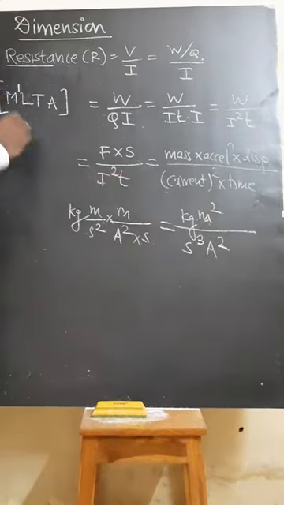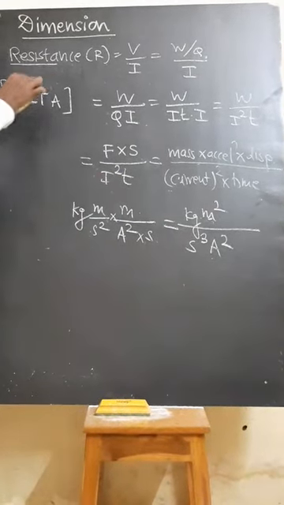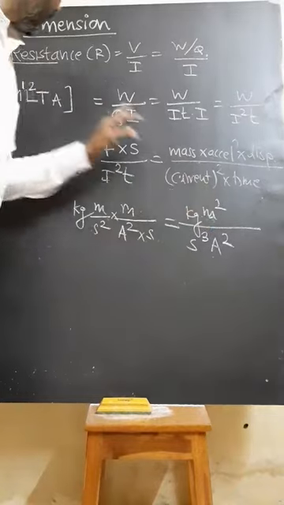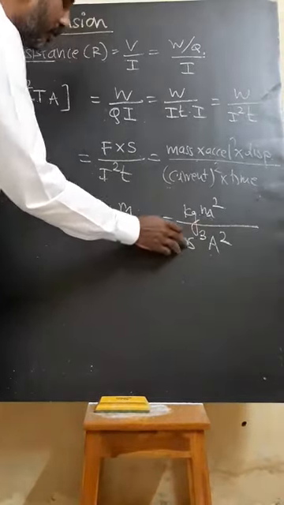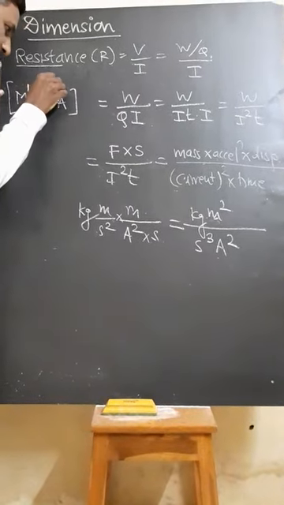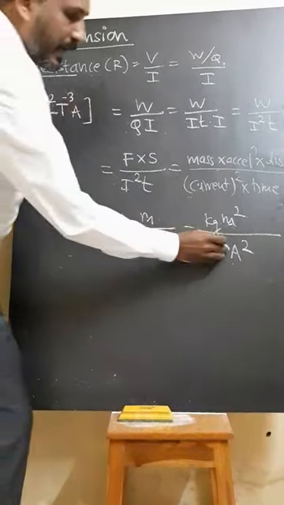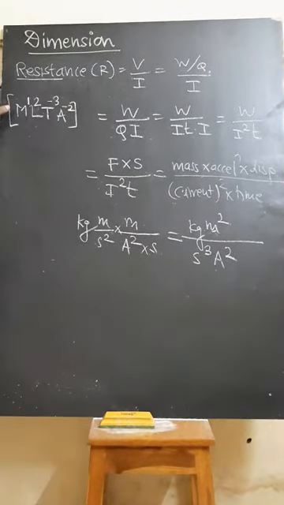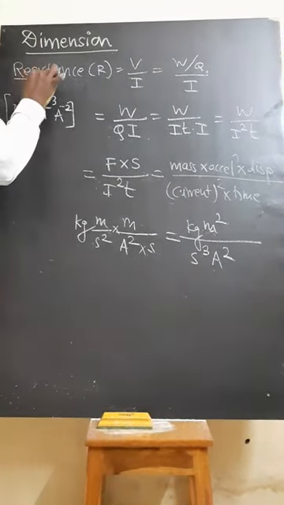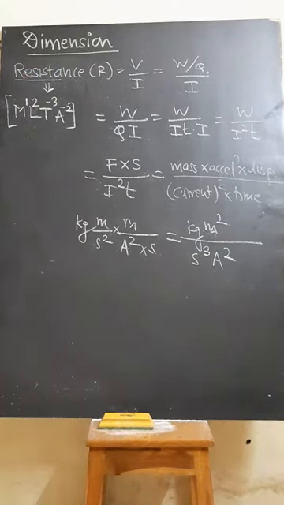Meter square, meter is a unit of length, power is 2 because meter square is in the numerator. Second cube, second is a unit of time and it is in the denominator, so it becomes -3. Ampere square, so A raised to -2 because it is in the denominator. Now these are my dimensions of the resistance.